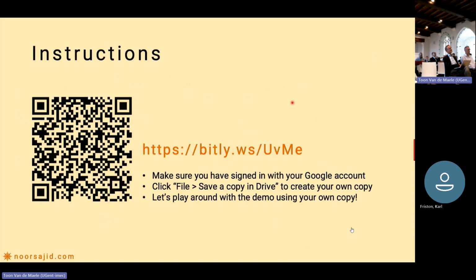So what I want to do, just to kick off the tutorial, is to get everyone to either join the QR code that we have here or the link. So make sure that you're signed into your Google account. And then once you have the link open, just click File and save a copy in the drive to create your own copy. And then we'll start. So I'll give us a couple of minutes to set up.